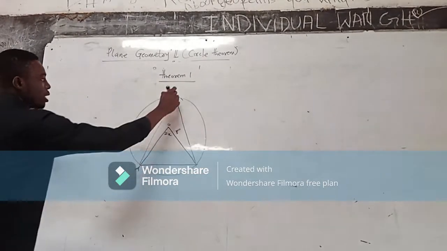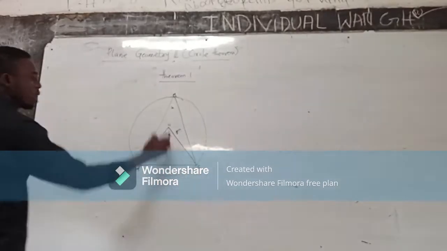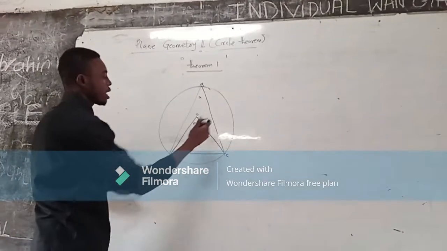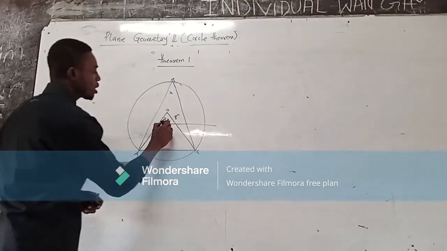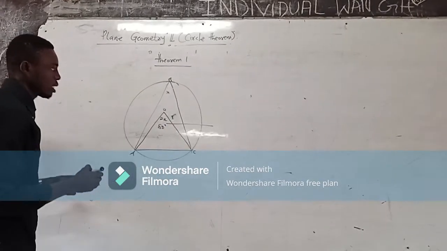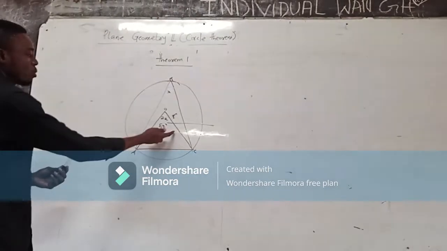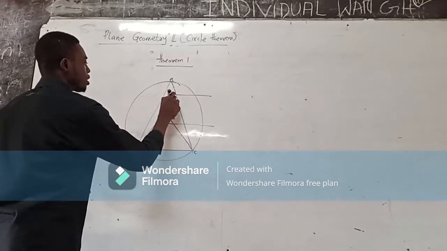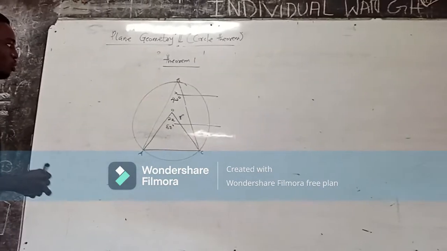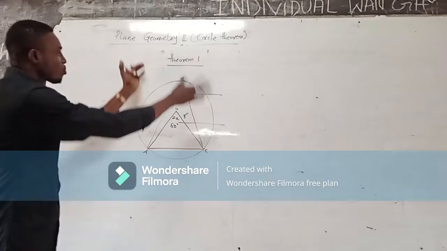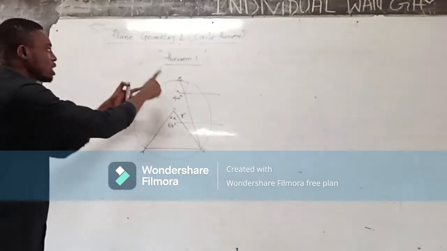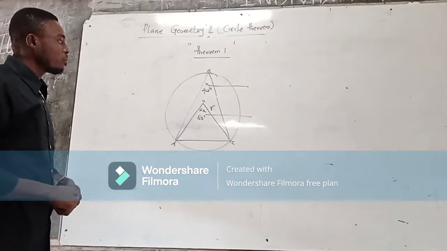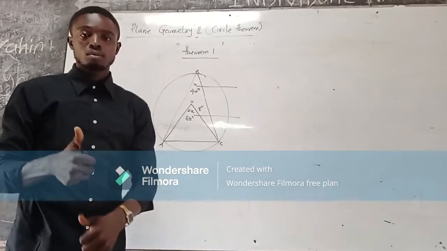So if we have A, B, and C, and we have O here, and there is an angle here which is 80 degrees, when you divide it by 2, you get this one to be 40. So here is going to be 40 degrees. Anytime we give you a question relating to this theory, you just apply it. We are going to try one example and move on to the next theory.